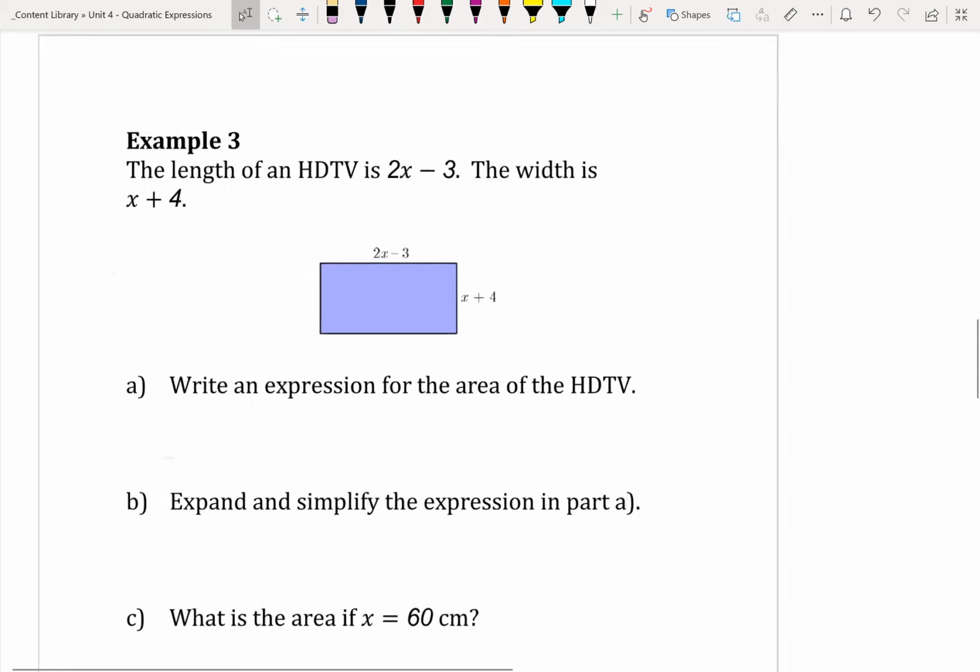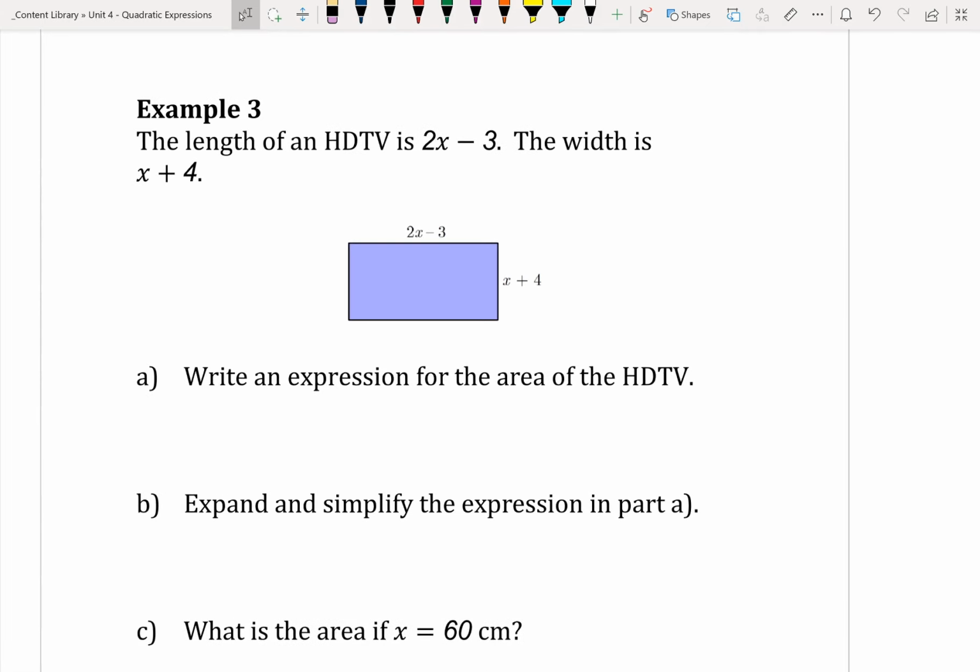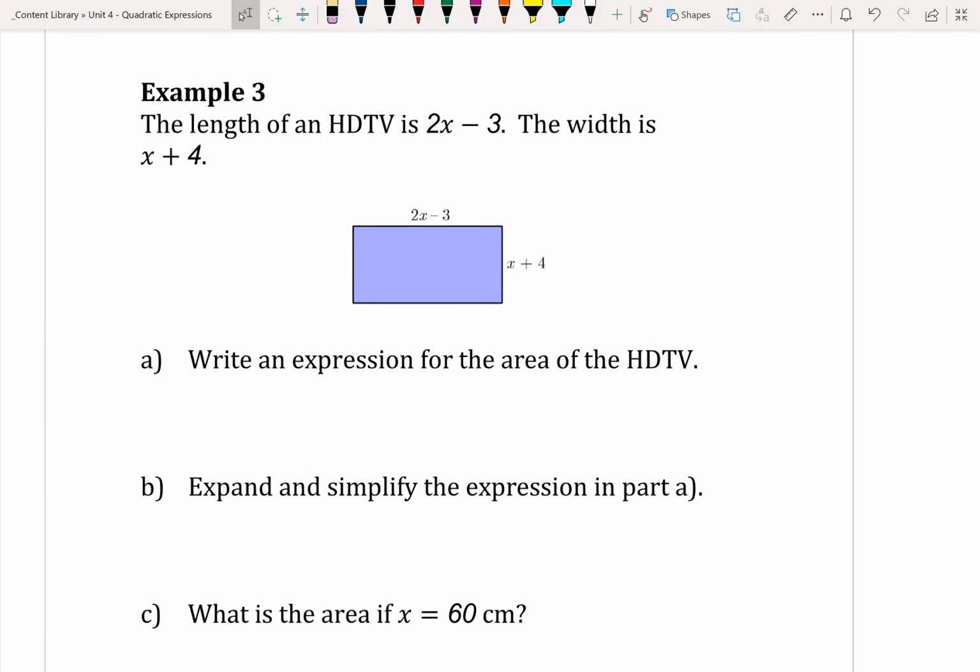In example 3, we're going to just look at a word problem using the same idea. The length of an HD TV is 2x minus 3 and the width is x plus 4. We want to write an expression for the area of the TV. Again, remember, area is equal to the length times the width. So in this case, I know the length and the width.